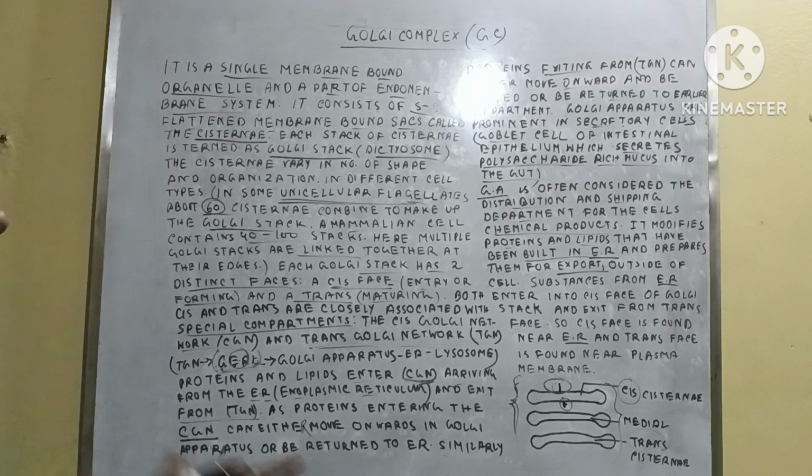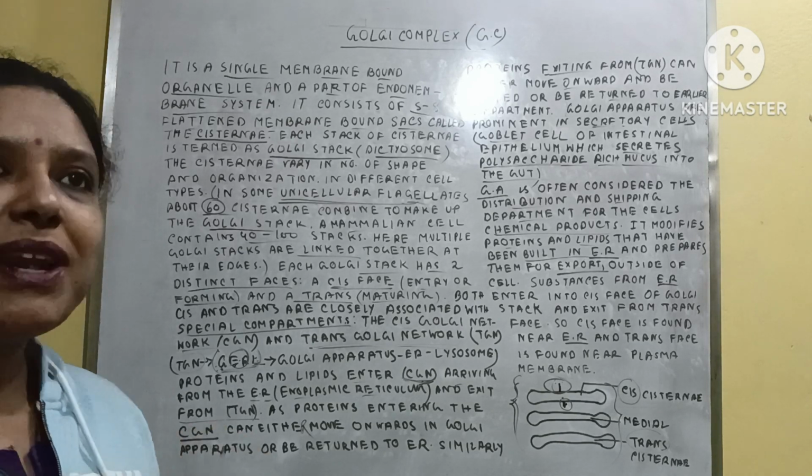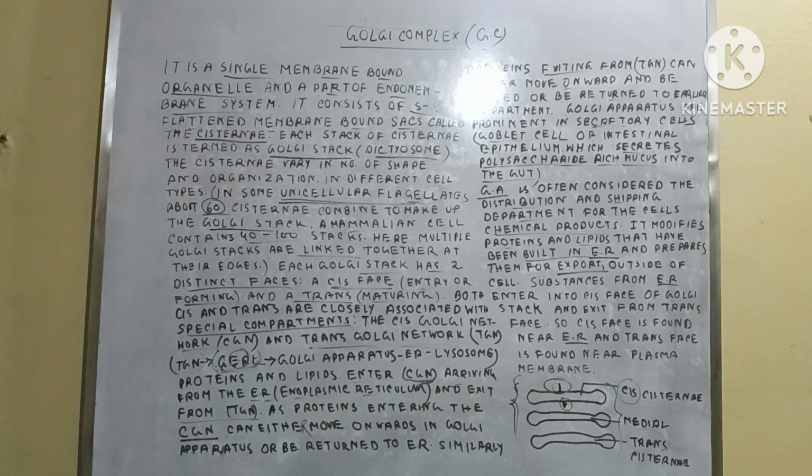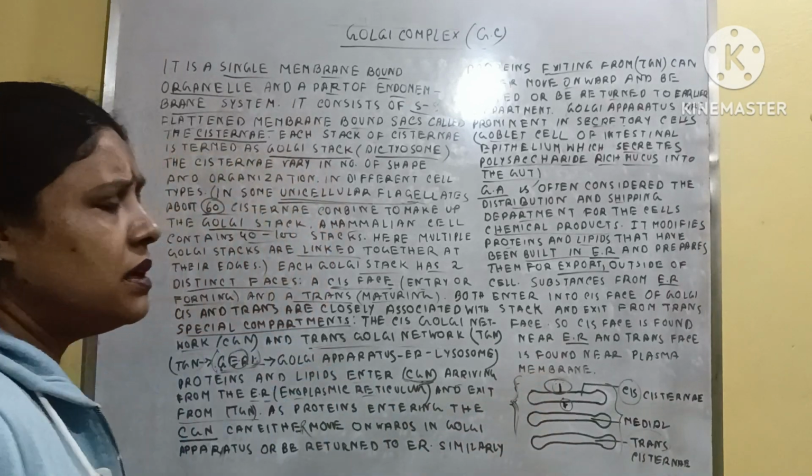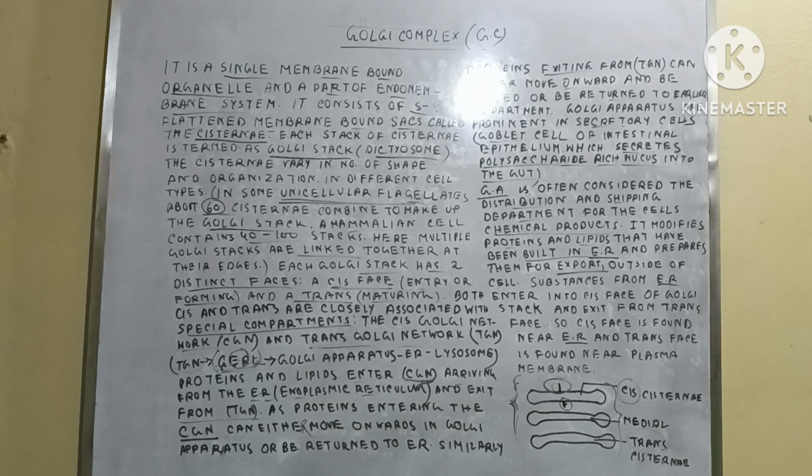But the processing is not possible there, so for processing they have to go to the Golgi apparatus. After completion, if it is important for the cell, it remains. But if it is not important for the cell, it is digested by the lysosome.